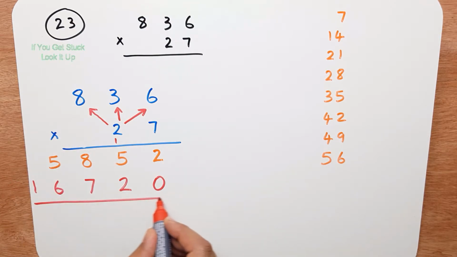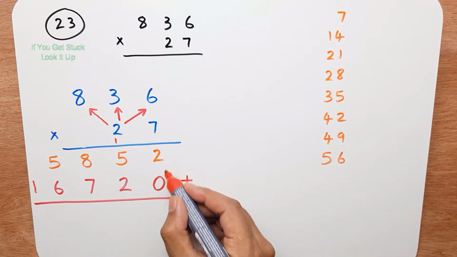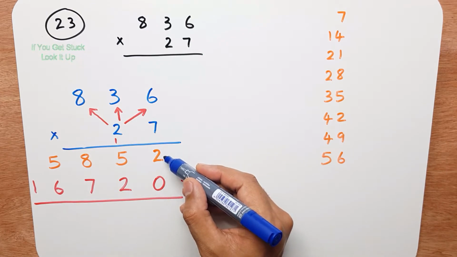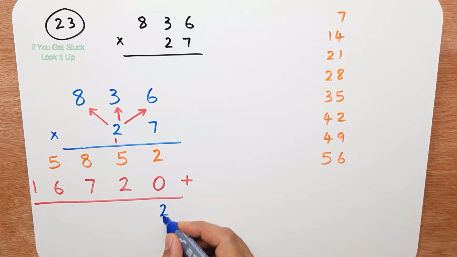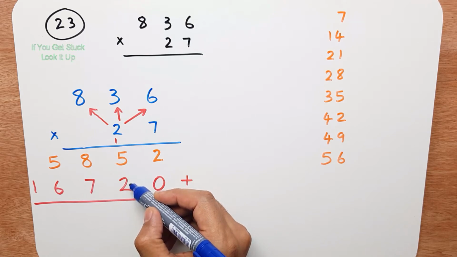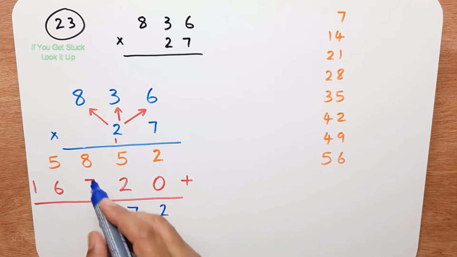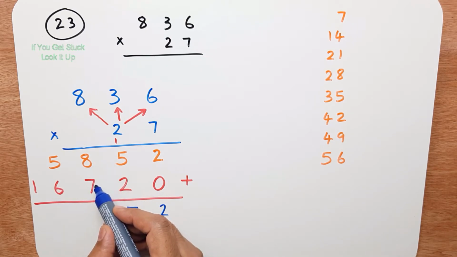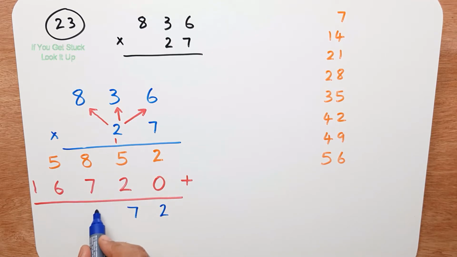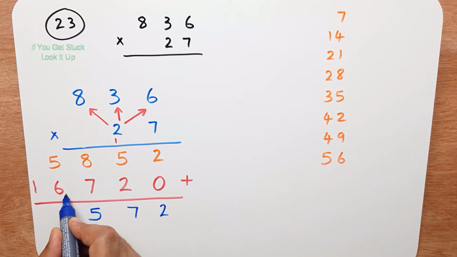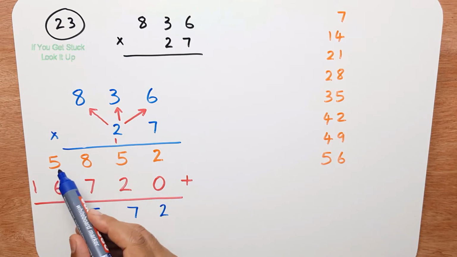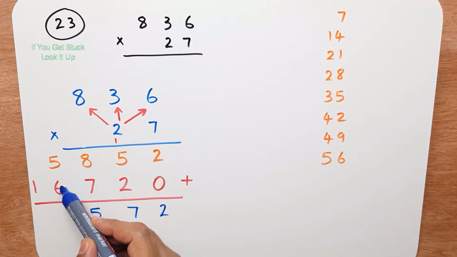So now I simply need to add these two numbers. 2 add 0 is 2. 5 add 2 is 7. 8 add 7 is 15. So I put the 5 down and I carry the 1 over. Now 5 add 6 is 11, plus this 1 I've carried over is 12.